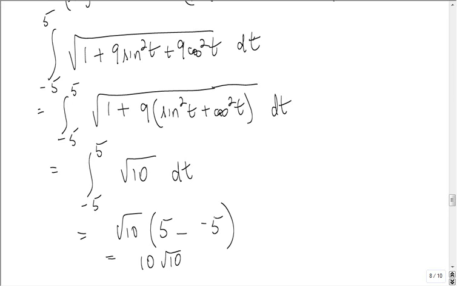And I suspect if you had plugged that integral from -5 to 5 into your calculator, you may not have obtained that answer. Might have given you a really weird answer. Okay? Any questions?